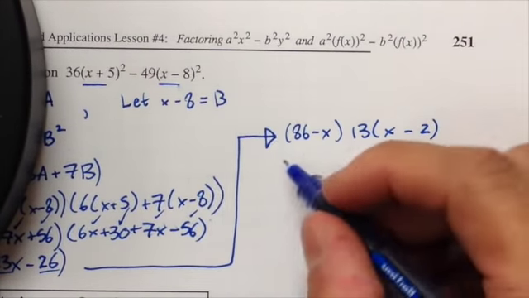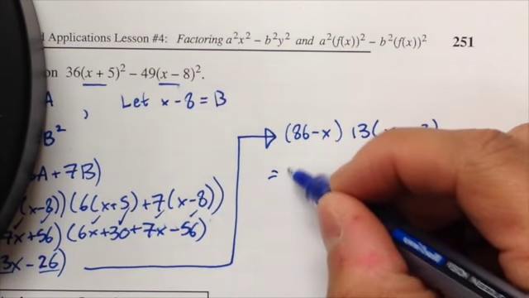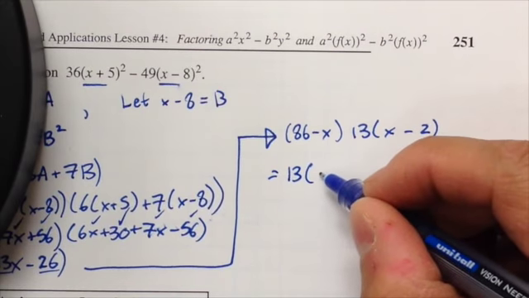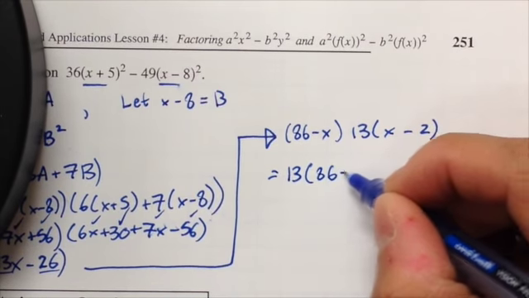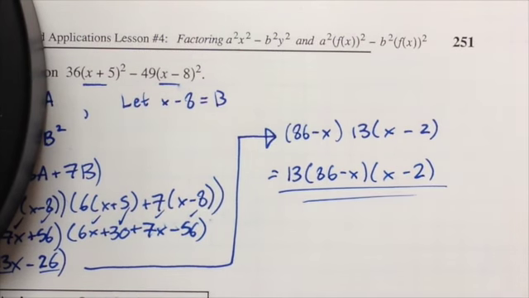All right, and now we can rearrange this. If 13's outside the brackets, I'm going to leave it like this: 13 times 86 minus x times x minus 2. And that's our final answer.